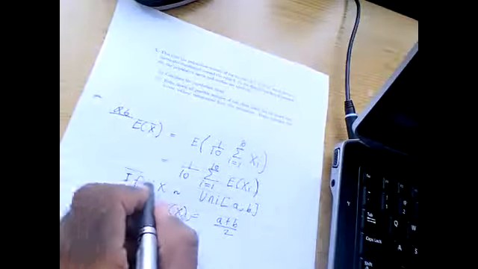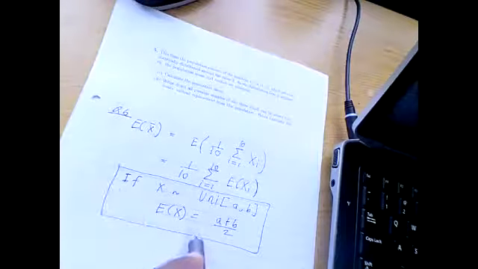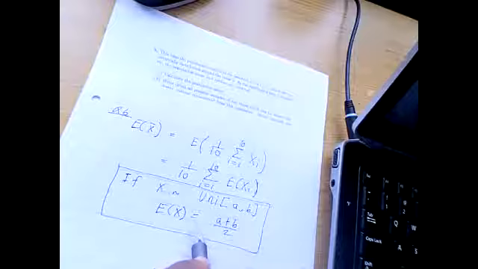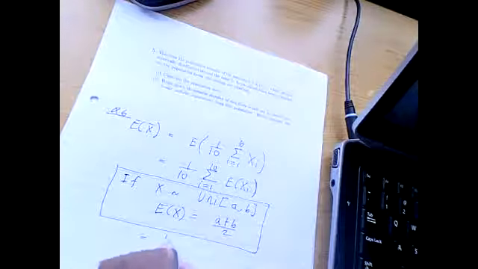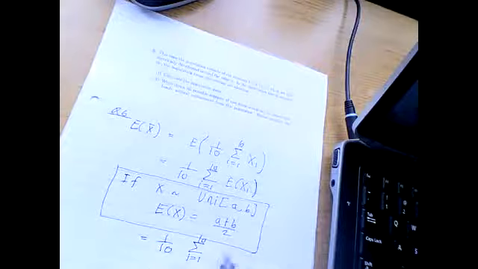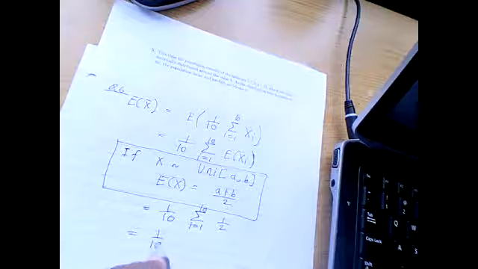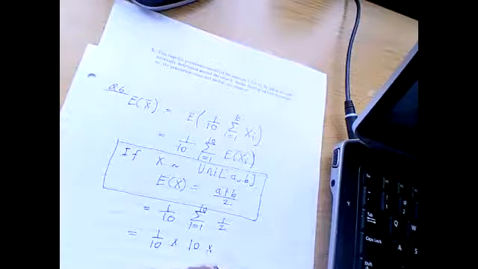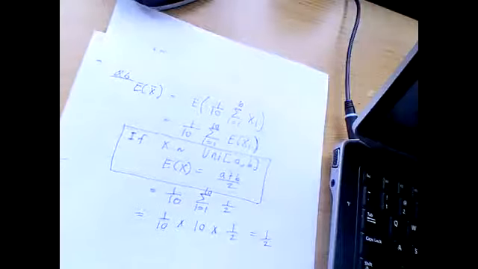Do you remember this formula? Using this formula, you get 1 over 10 times the sum from 1 to 10 of, A is 0, B is 1, so it's a half. So this is 1 over 10 times 10 times a half, which is equal to half. All right, so that's the first part.